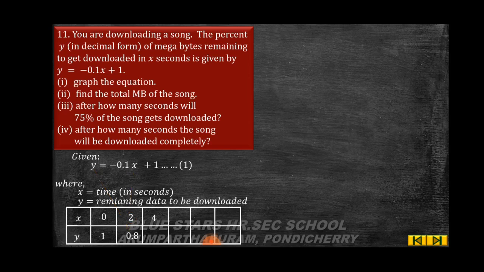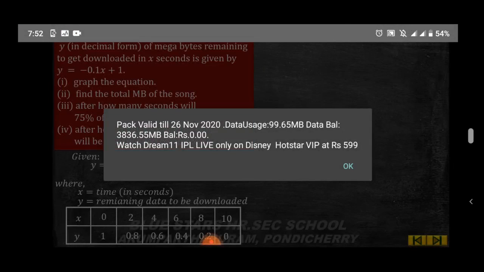Then x is equal to 4, substitute in equation 1, you get y is 0.6. Next we substitute x is equal to 6 in equation 1, we get y is 0.4. Then x is equal to 8 means you get y is 0.2. Finally, if you substitute x is equal to 10 in equation 1 you get the value of y is 0.